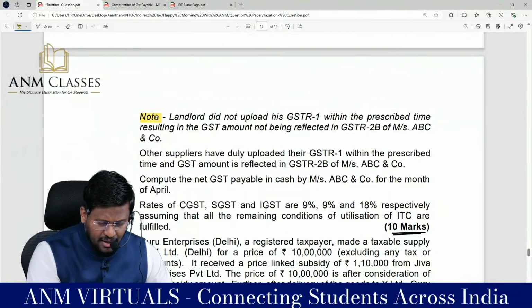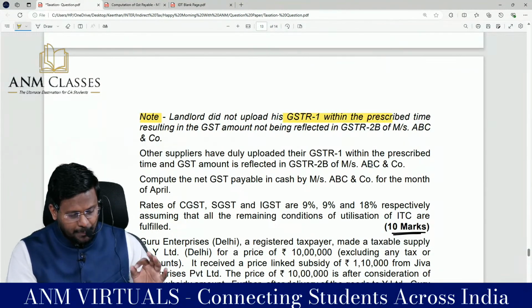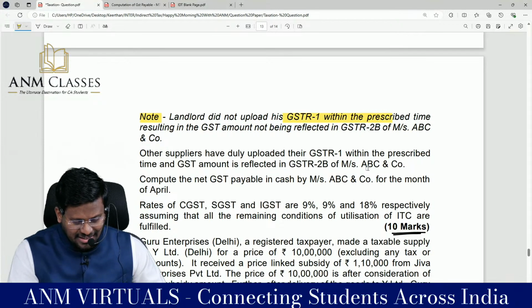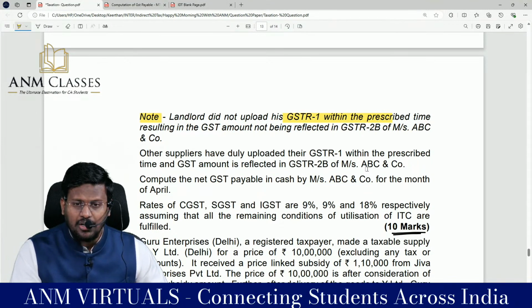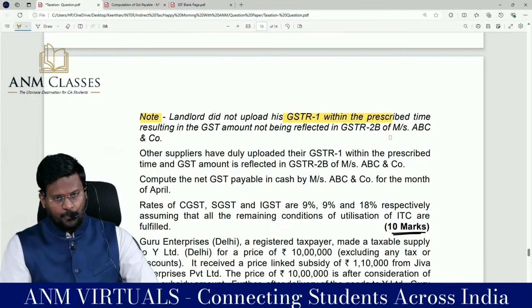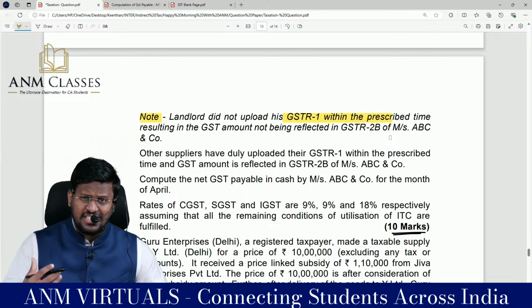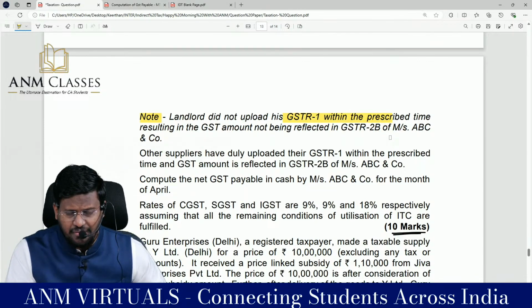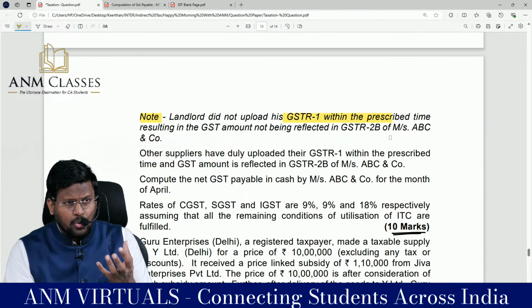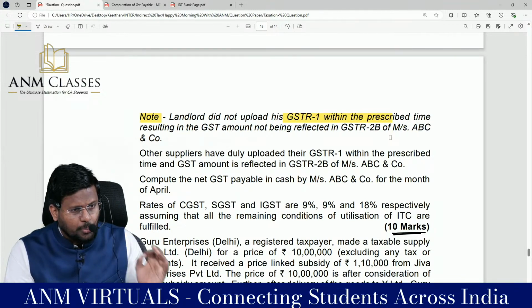Note: the landlord did not upload his GSTR-1 within the prescribed time, resulting in the GST amount not being reflected in GSTR-2B of M/s ABC & Co. If the supplier has not furnished the GSTR-1 under section 37, then the amount of GST will not be reflected in the GSTR-2B.